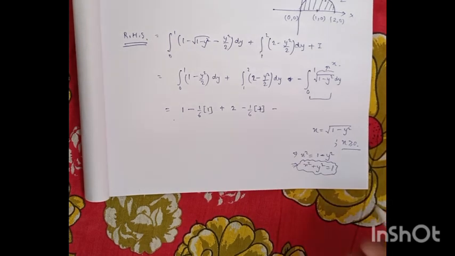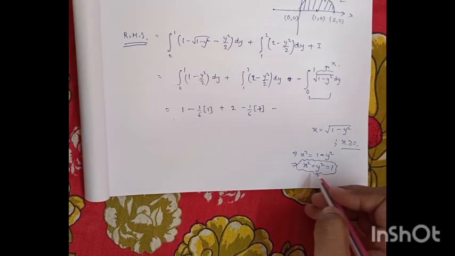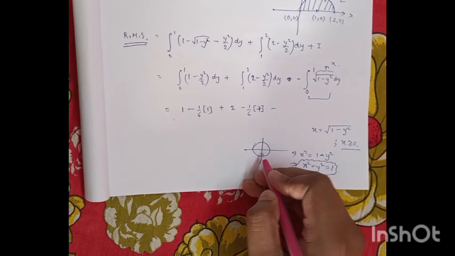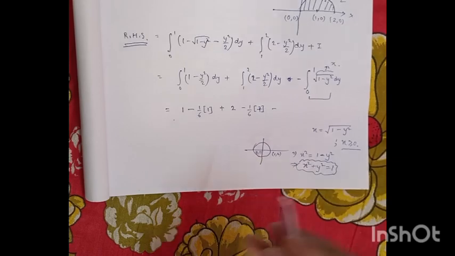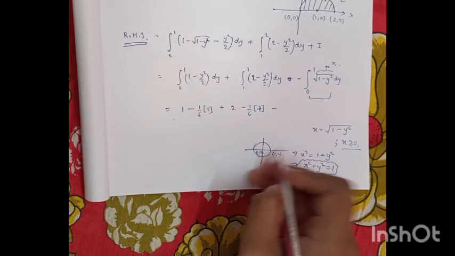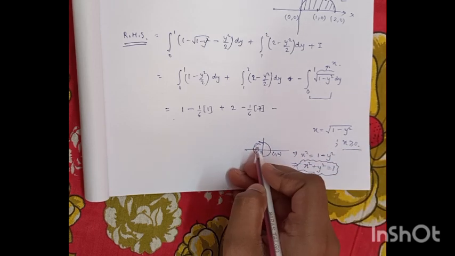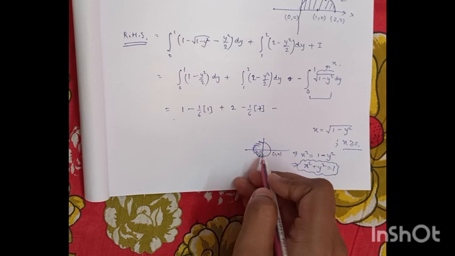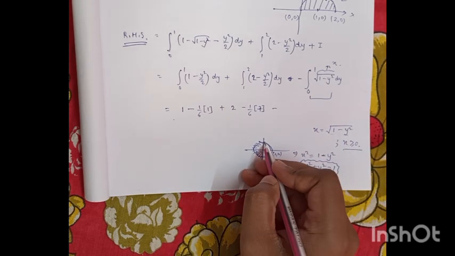This is an equation of a circle centered at origin. So here is the circle, here is the origin, and this is the point 1, 0. As x is greater than or equal to 0, we can remove this part because here x is negative. So the graph of x equals root over 1 minus y square will look like this.